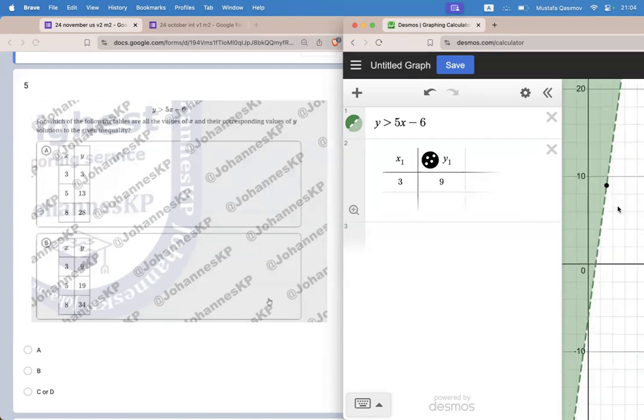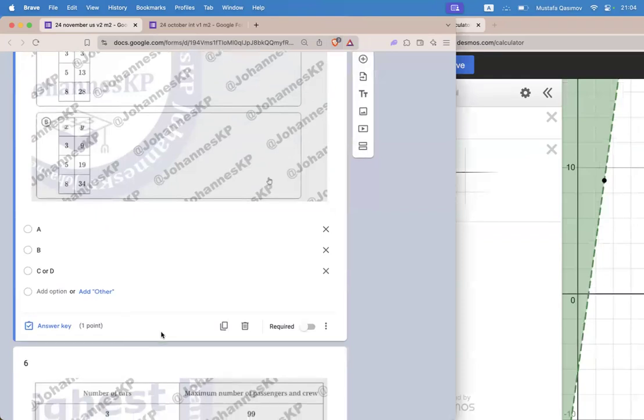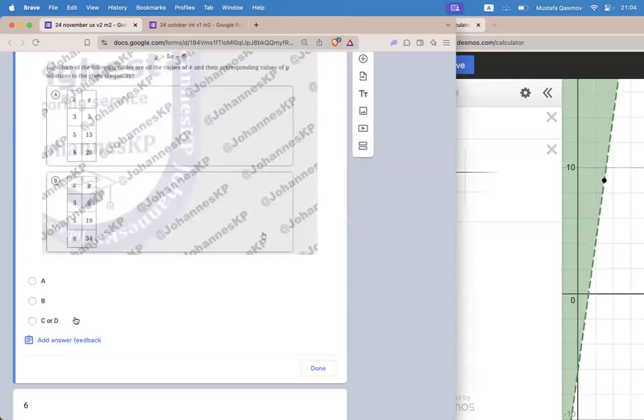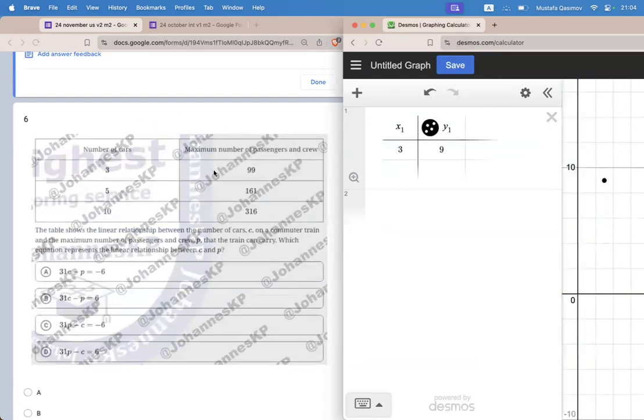It is not also correct because we don't have here an equal sign. So the answer will be C or D. I put it in here. It's also correct. 6, I recommend you write to decimals or put these points in the equation, then check all of them, or you can just write it like this. If you write two of them, it is enough actually, but let's write all of them.